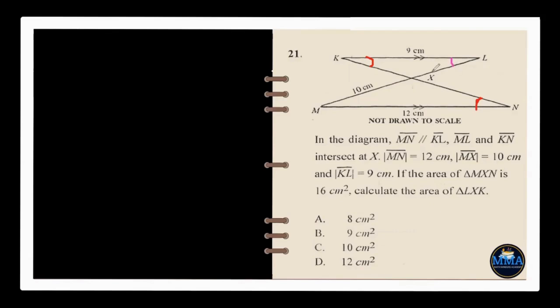Maybe let's use a deeper color, let's use blue. Now, this angle marked with blue here, and this angle, they are also alternate. We call them Z angles, so they are alternate.